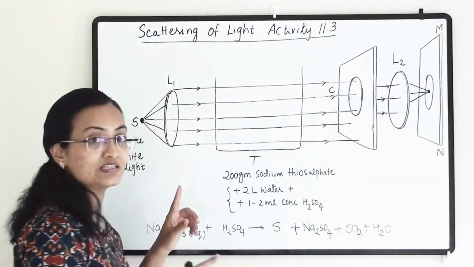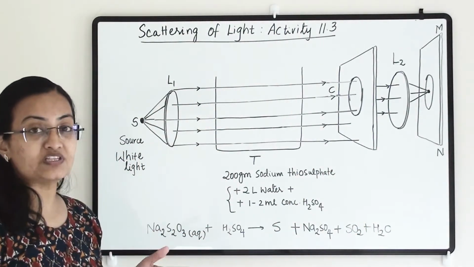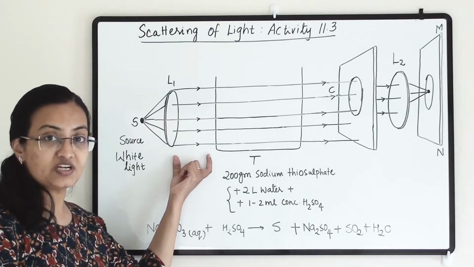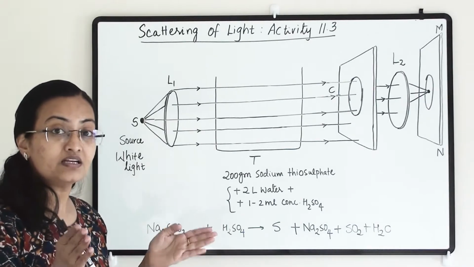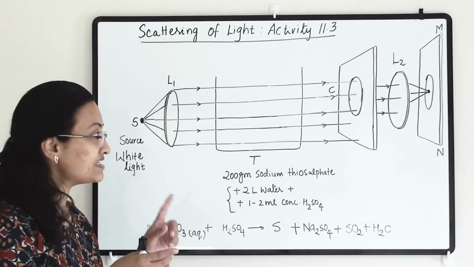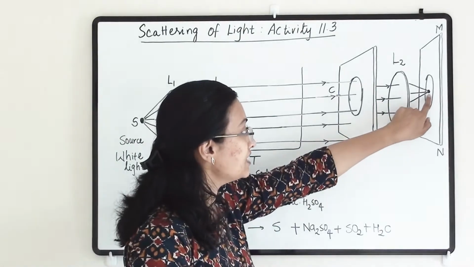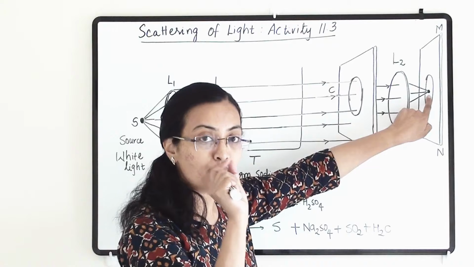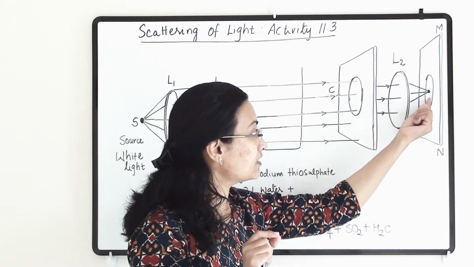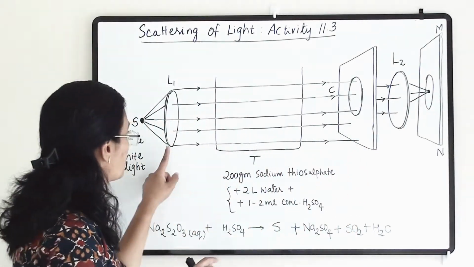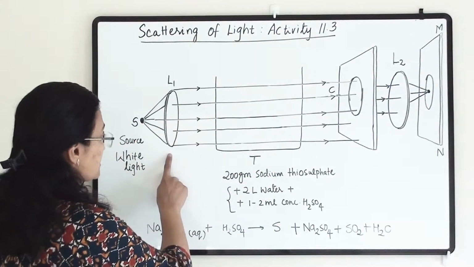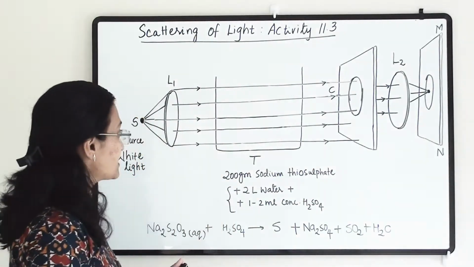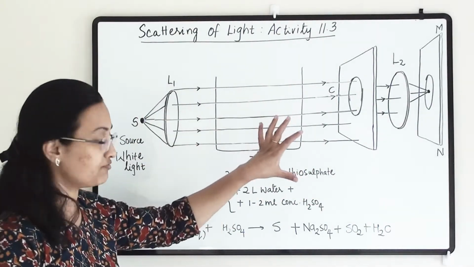Both lenses are converging lenses, that means convex lenses. We require converging action, which collects all the rays, so that at the end of the activity we get a point-size image where we can see the color of the light. This is lens 1 and this is lens 2.